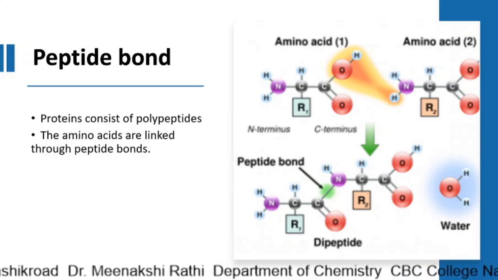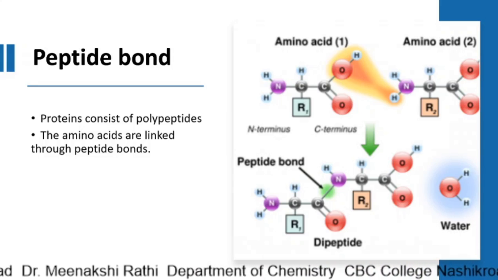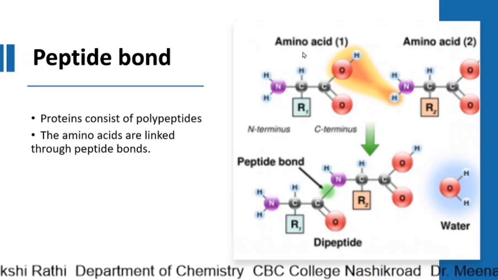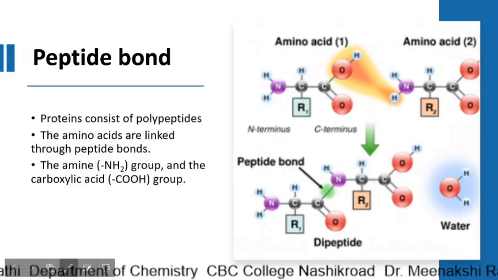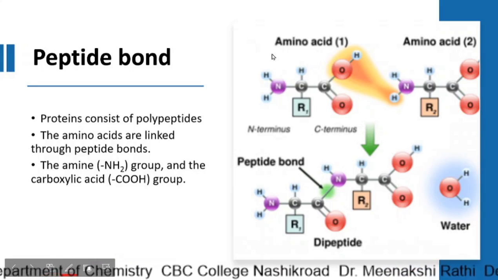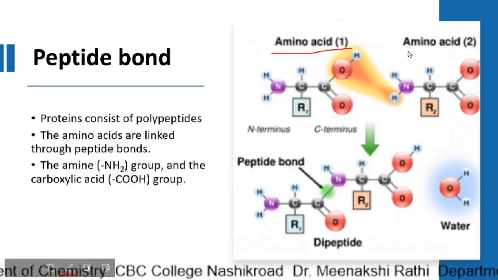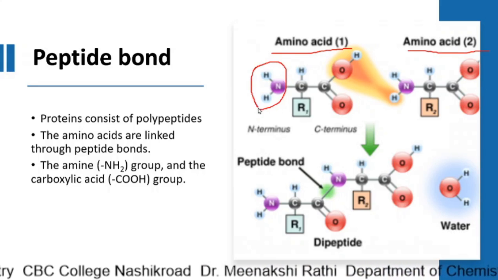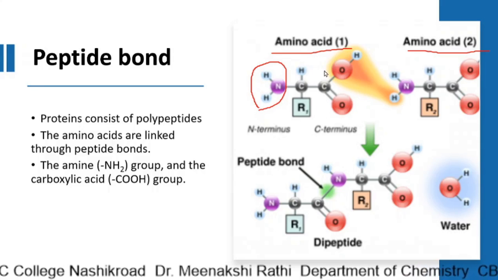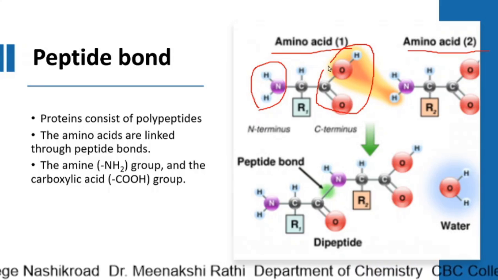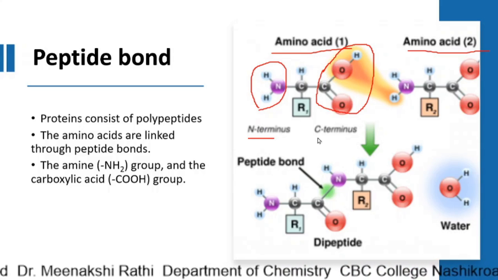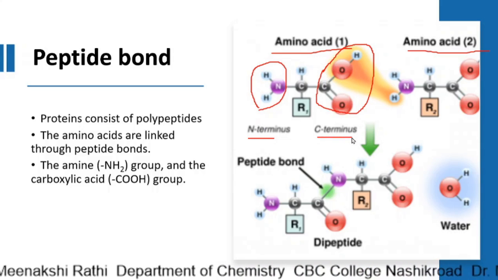These amino acids link through the peptide bond. Now here you can see there are two amino acids, amino acid 1 and amino acid 2. Each amino acid has two functional groups. One is amino group and another is carboxylic group. So this part is called as N terminus and this part is called as C terminus.